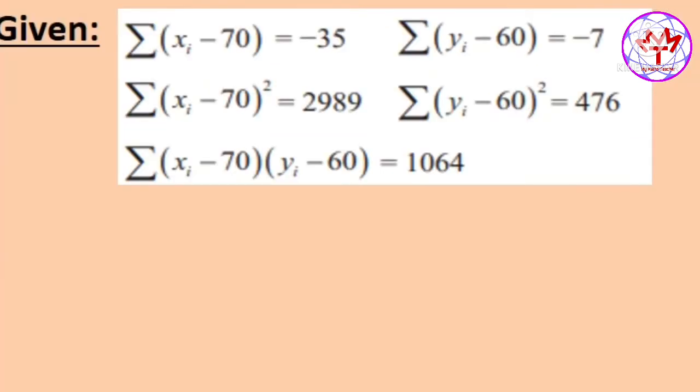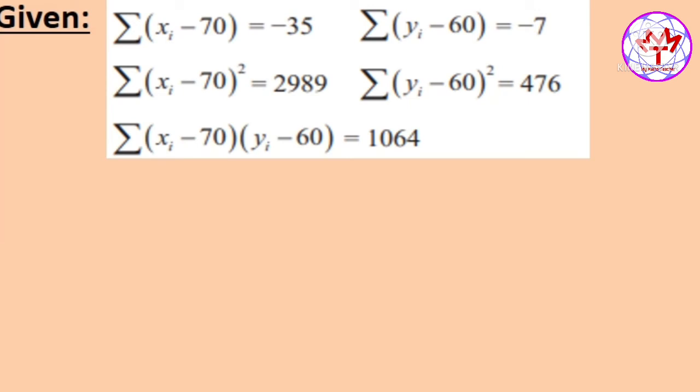Now see students, over here you can observe that they have used the method of change of origin. I have copied here the given data, and as we know the change of origin does not change the value of coefficient of regressions. So let us write: regression coefficients are independent of change of origin.